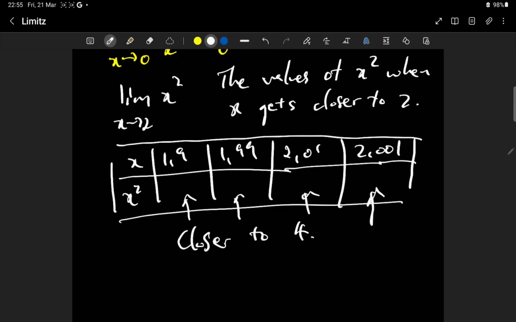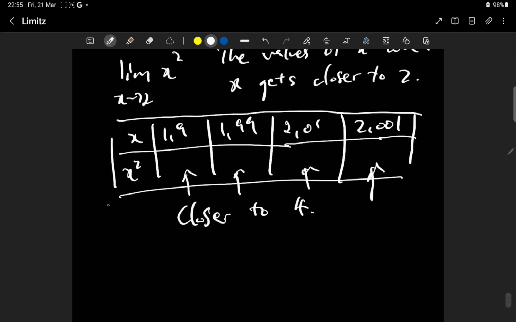Maybe you'll get 4.0 something, or 3.98 something. But they will be numbers closer to 4, and that's why the limit as x tends to 2 of x squared is actually 4.